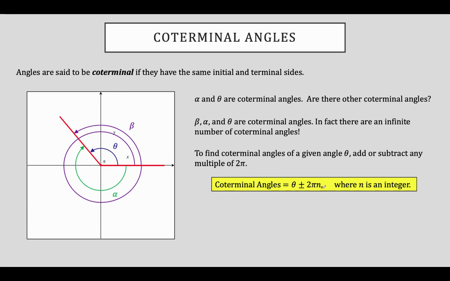So that's 2 pi n, where n is an integer. All right, so we can add 2 pi, 4 pi, 6 pi, 8 pi, 100 pi. You can plug in any integer for n, and that will allow you to get a coterminal angle.